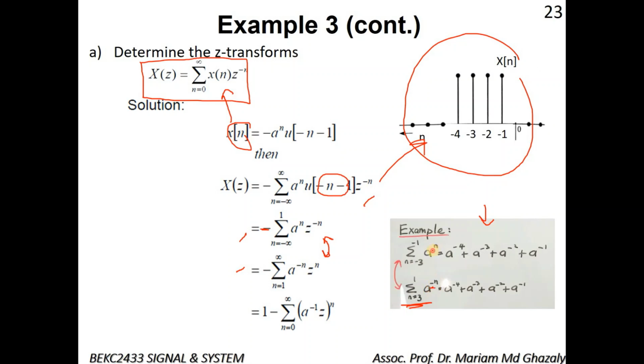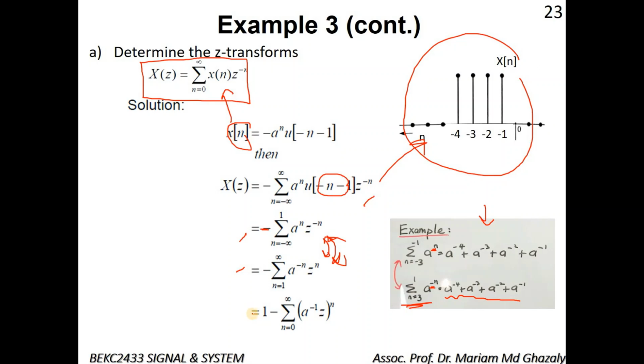The difference is that here it is minus n, here it is n only, and here you have the positive side 1 to 3, and this is minus 3 to minus 1. So you will still get the same answer. These two are the same.